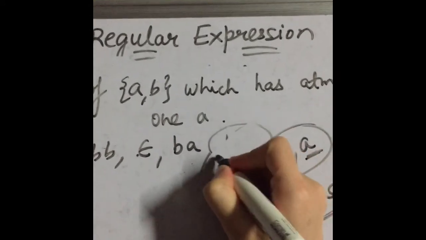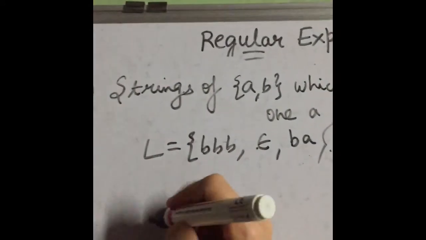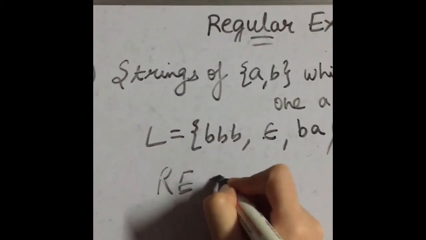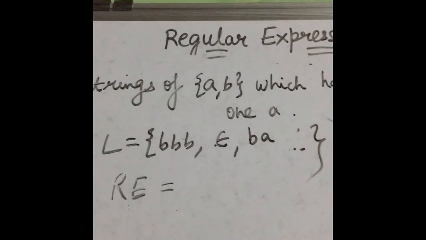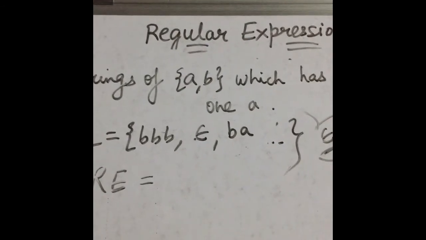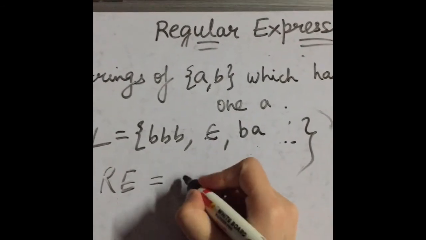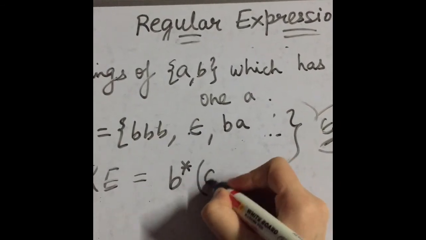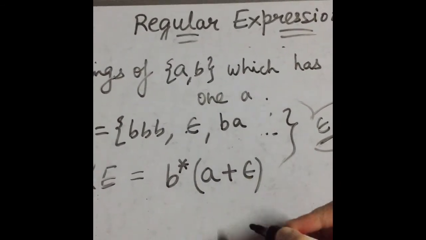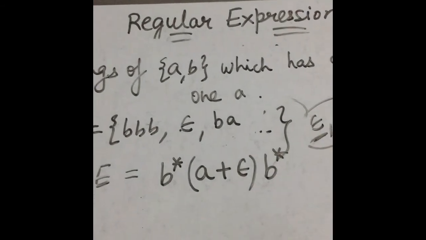So what is the regular expression for this? You want at most one a, so b star, any number of b's, then a plus null, and then any number of b's.